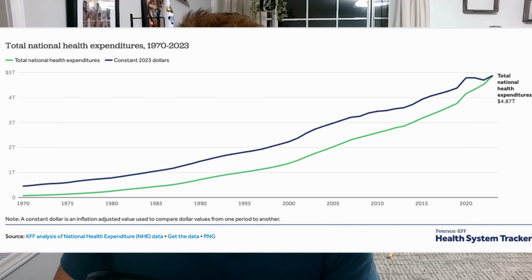If this is going up, that means that health expenditure is taking up a bigger portion of the United States economic power. GDP is gross domestic product, and what that means is it's essentially all of the goods that are traded and sold within the United States. It's a measure of how large the United States economy is, and typically it's thought that GDP going up is a good thing.